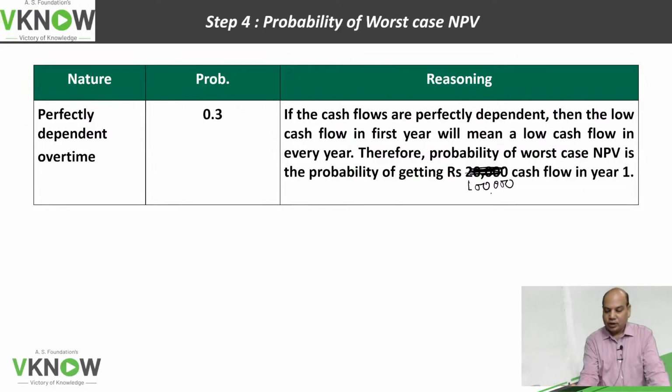So if you get 1 lakh in the first year, you are going to get 1 lakh in all the years, and therefore just search for this probability, which is 0.3.